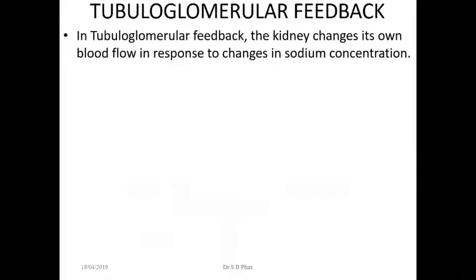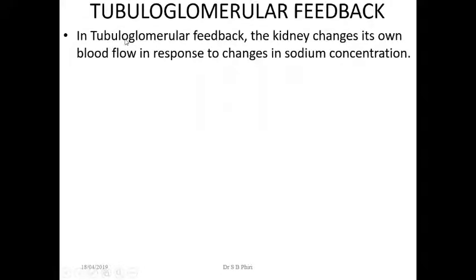Then the tubuloglomerular feedback mechanism is also provided by the kidneys. From the name itself, it means that the kidney tubules are involved, and the glomerulus is also involved. In the kidney tubules, especially the distal parts, the first part of the distal tubule contributes to the formation of the macula densa cells.